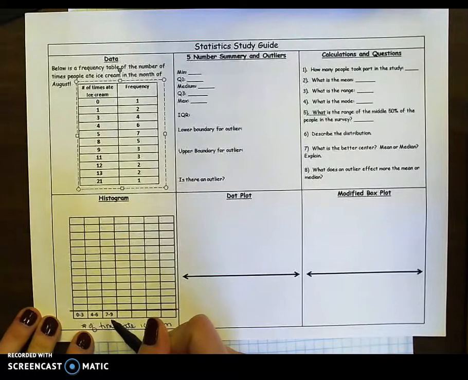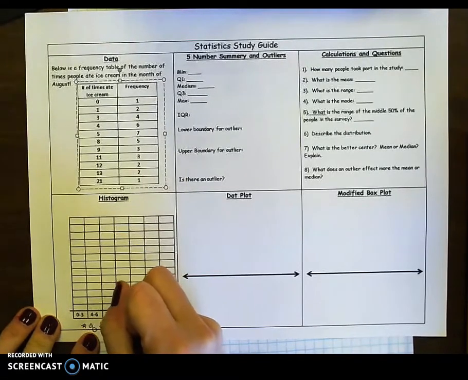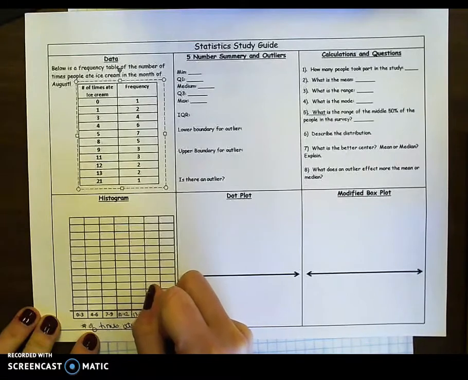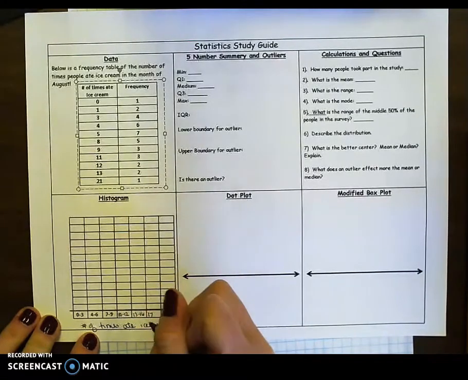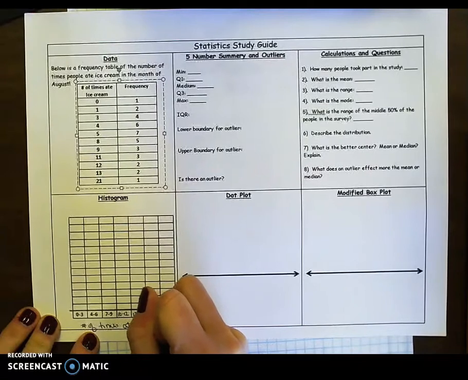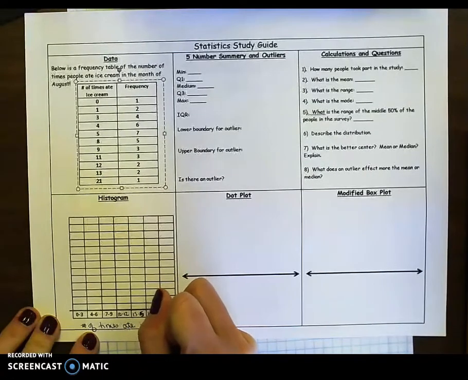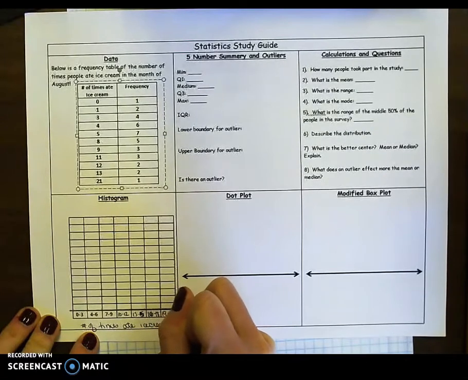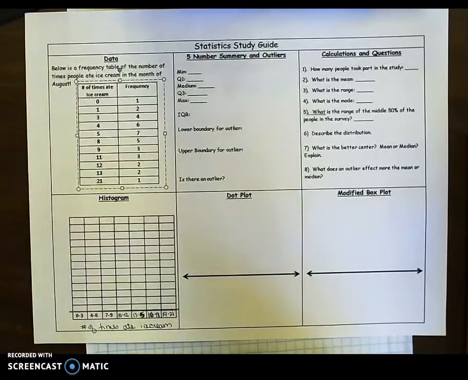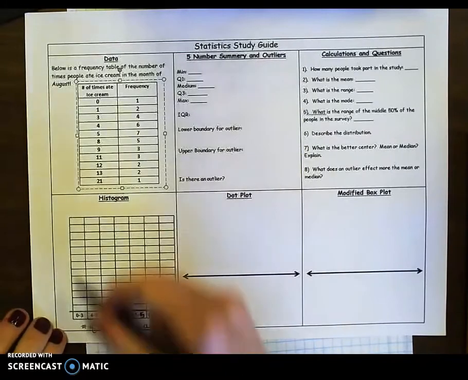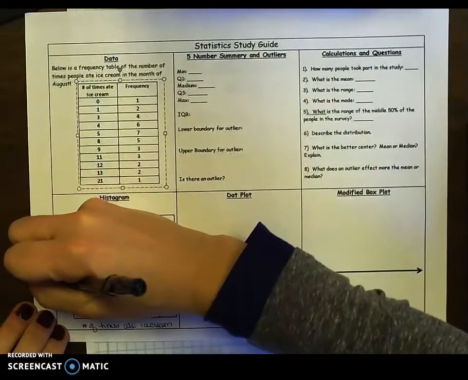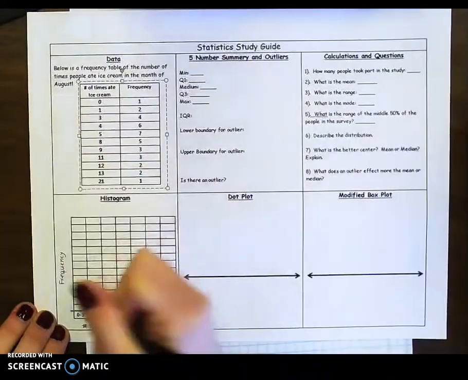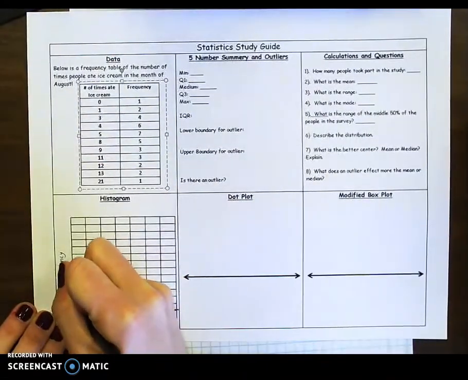So 7 to 9, so the next one is going to be 10 to 12, 13 to 15, I apologize on that one, 13 to 15, 16 to 18, and then 19 to 21. All right, going along our y-axis, these are going to be the frequency. And our frequency just goes up by 1 each time.